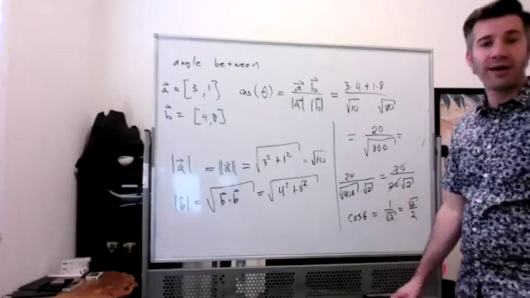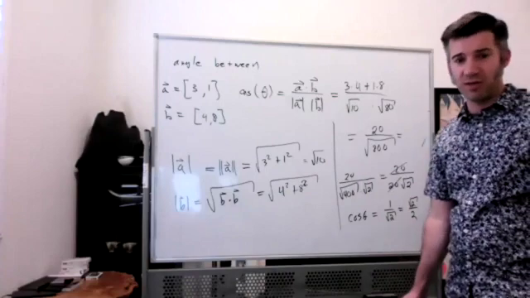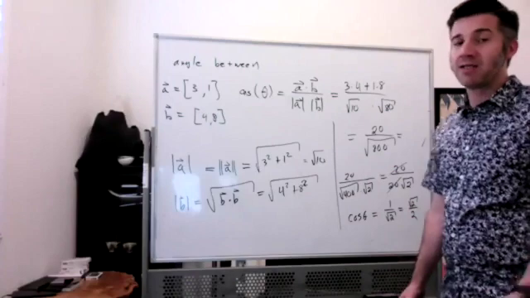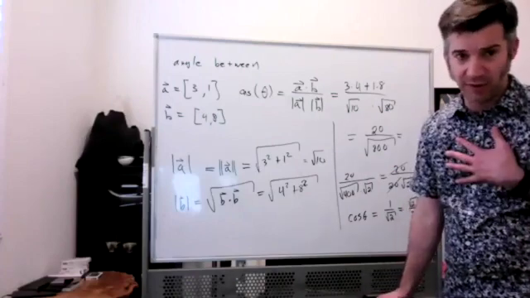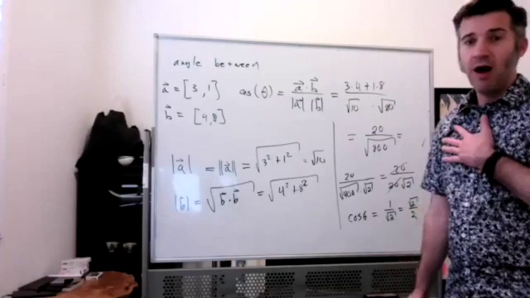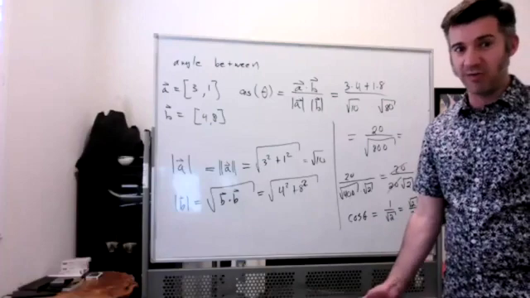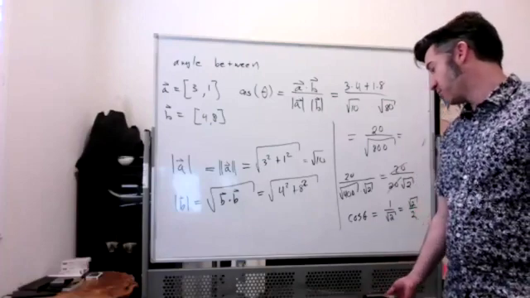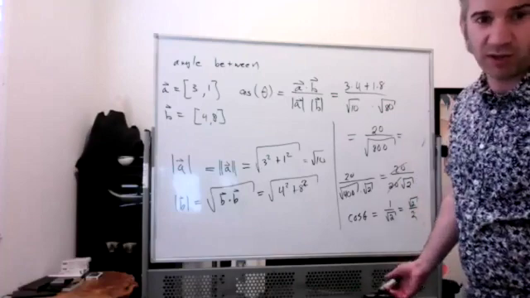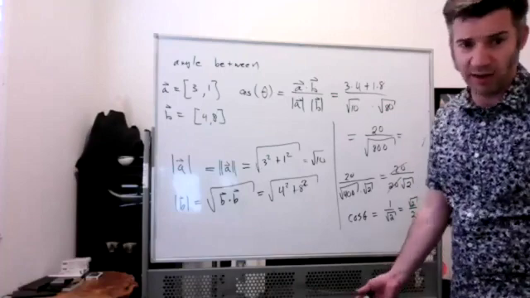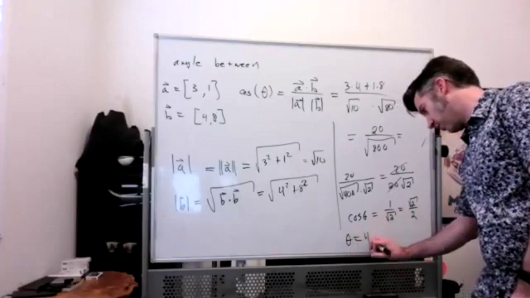If you took pre-16 or pre-17 or 17A, at some point in your math life someone probably harped on using radians, myself included. I definitely harp on using radians. Most of the time in this particular section, when we talk about the angle between two vectors, we usually express it in degrees. So even though pi over 4 is totally correct, and you would be right to say that on a test, typically we're going to say the angle is 45 degrees.